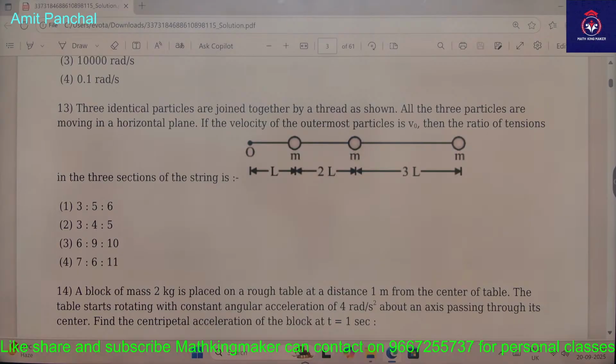So which will be having higher tension in this? It will be the first, between the origin and the first step.